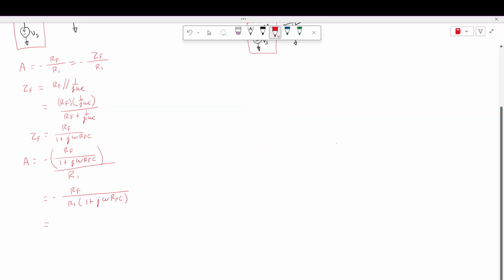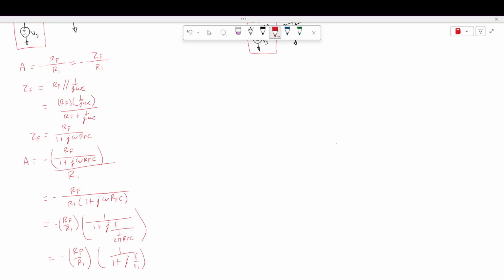This is equal to minus RF over R1 times 1 over 1 plus jf over 1 over 2 pi RFC, which is equal to minus RF over R1 times 1 over 1 plus jf over f1, where the corner frequency f1 is 1 over 2 pi RF times C.